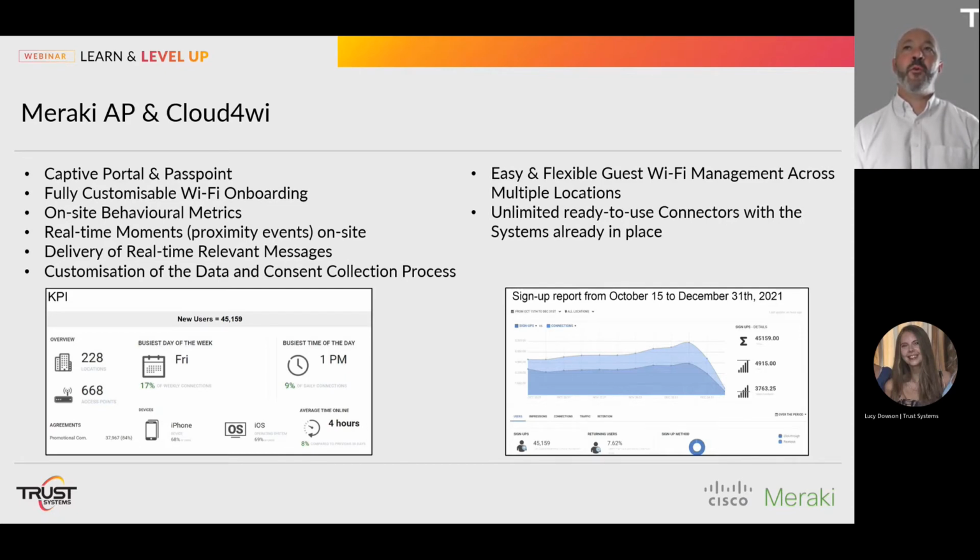We then look to offer a piece of software that is a license that sits on top of the Meraki MRs and provides a captive portal and effectively guest Wi-Fi management for your users.